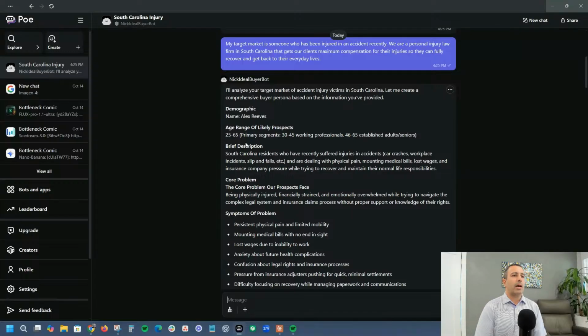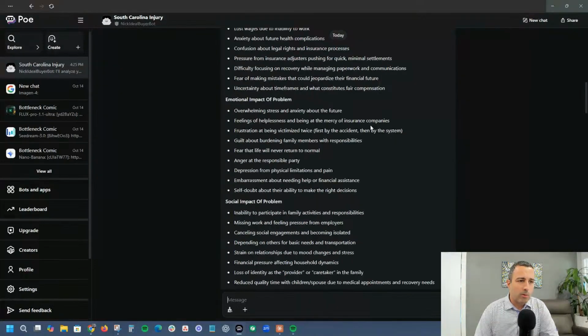Brief description: South Carolina residents who have recently suffered injuries and accidents, car crashes, workplace incidents, slip and falls, etc., and are dealing with physical pain, mounting medical bills, lost wages, and insurance company pressure while trying to recover and maintain their normal life responsibilities.